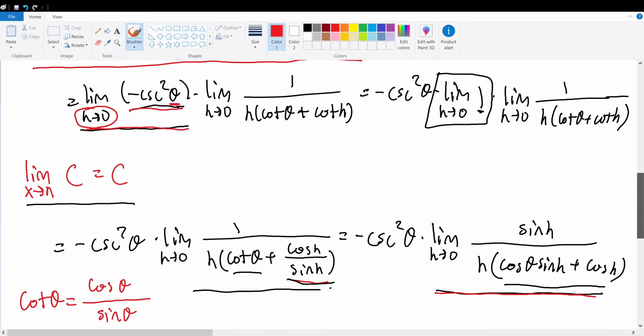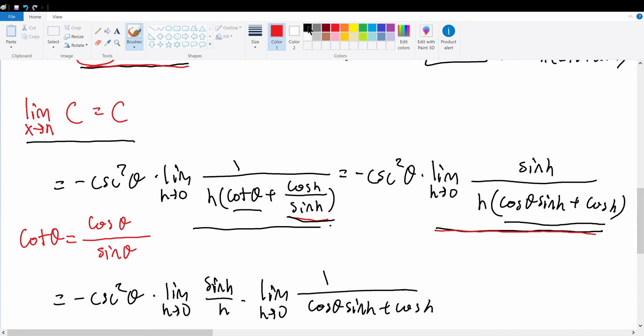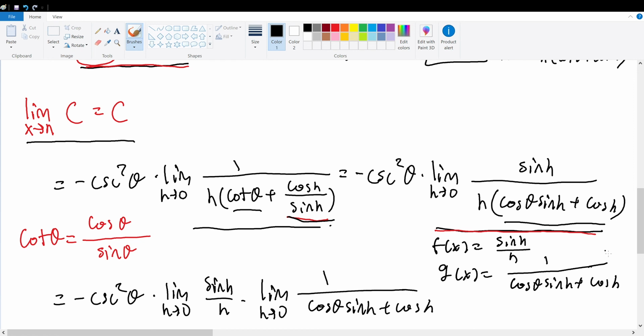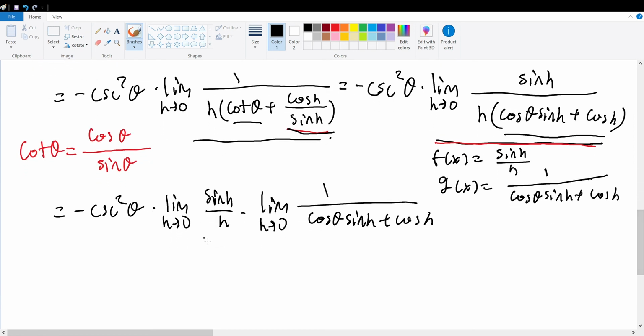So I've broken up this limit as such because within this specific limit, I've treated f of x to be equal to sine of h over h, and our second function g of x to be equal to 1 over cosine of theta times sine of h plus cosine of h. Therefore, I've broken up this limit to be the product of these two limits.